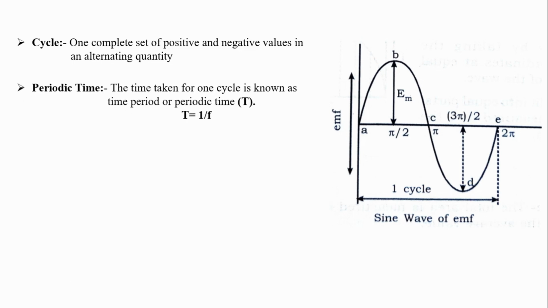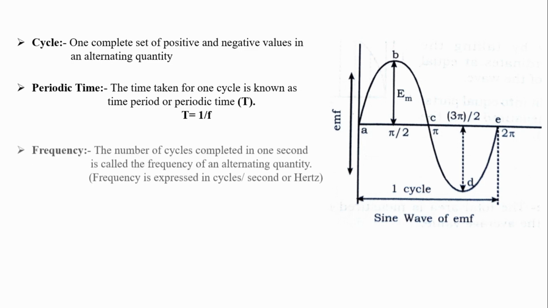What is period or periodic time? The time taken to complete one cycle is the time period. So this is the total time T. So T is equal to 1 by f. This is frequency.